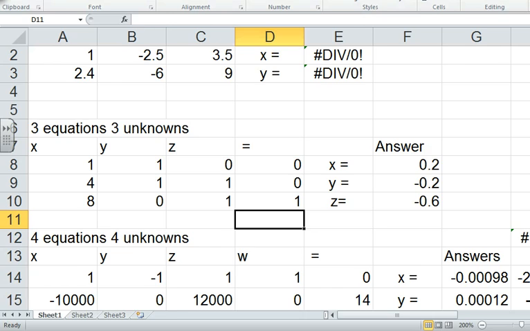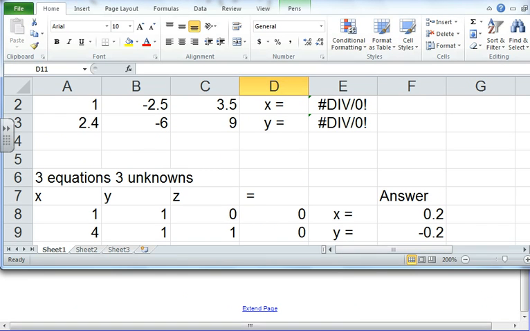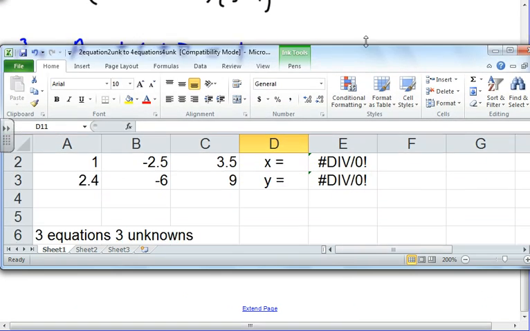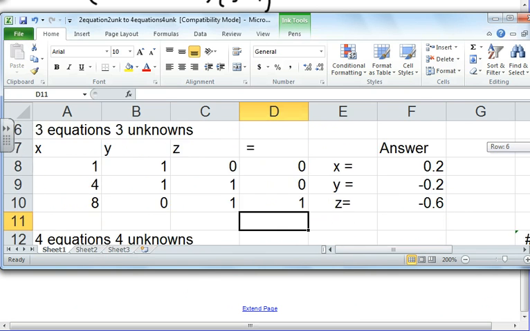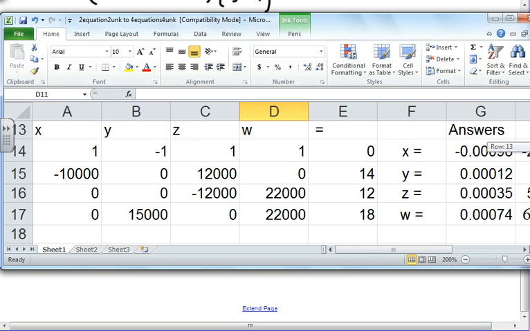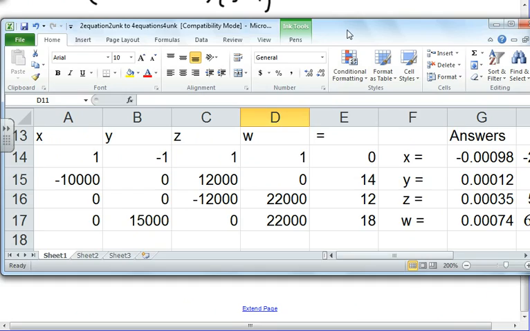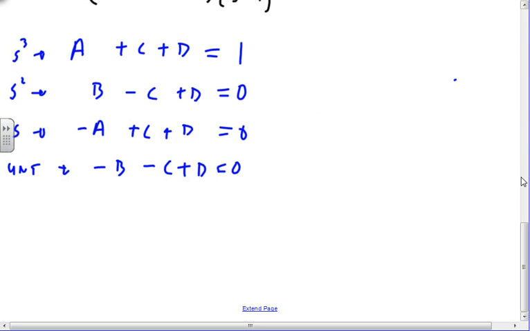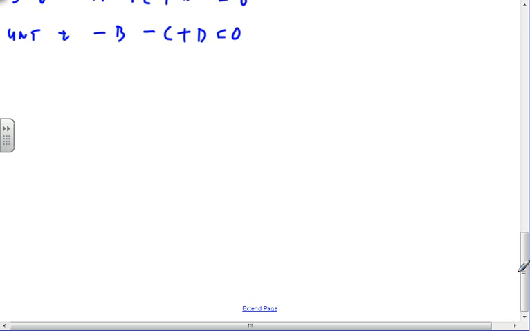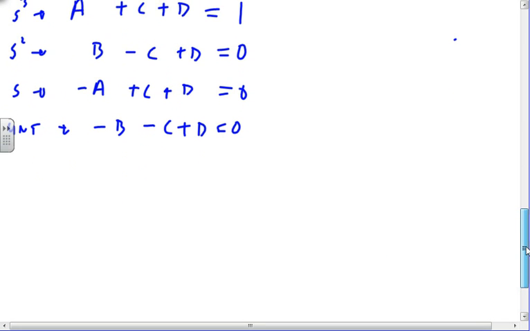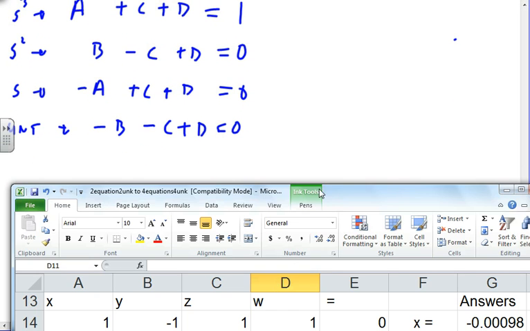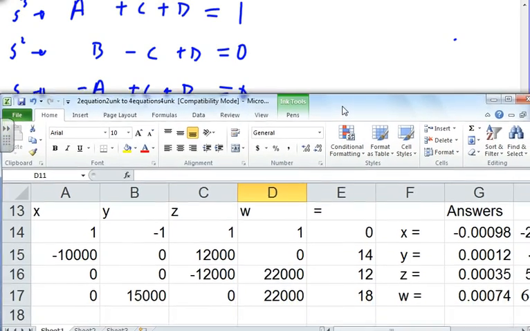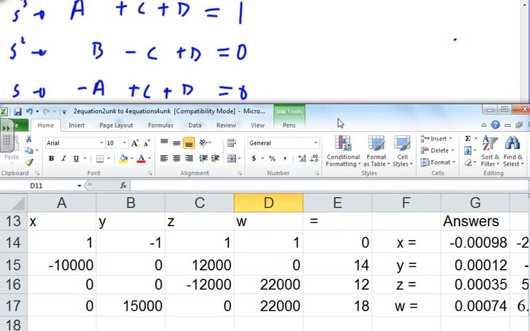Come into our glorious spreadsheet, see if I can make it so I can see everything at the same time. Okay, so there's 4 equations, 4 unknowns. It'd be nice to be able to get both of them in the pane. This is a pane issue, in case you're wondering. Okay, I can get most of them.